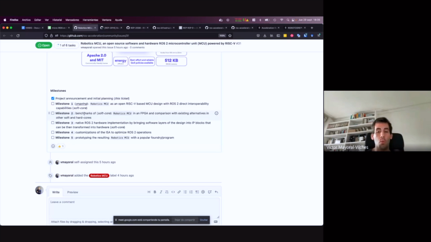Milestone 4. So once we do achieve this capability of bringing the initial design plus maybe some additional layers as IP blocks, we will then start looking at customizations of the instruction set to further optimize ROS2 operations. Most of the MCUs have rather general purpose blocks, and this is also one of the pitches we are making.